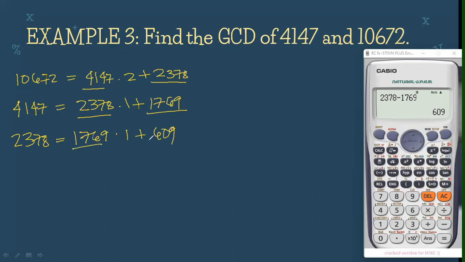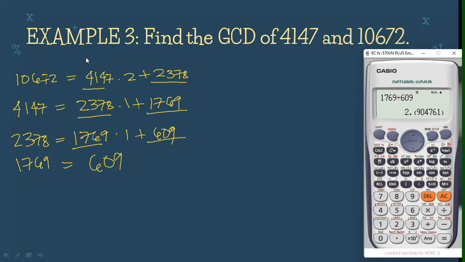Ngayon po, ito naman na pong dalawa yung gagamitin natin. So we have here 1,769 is equal to 609. So 1,769 divided by 609 is equal to 2.